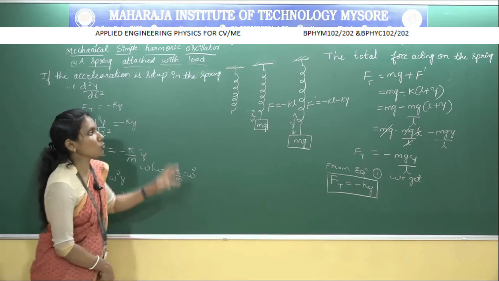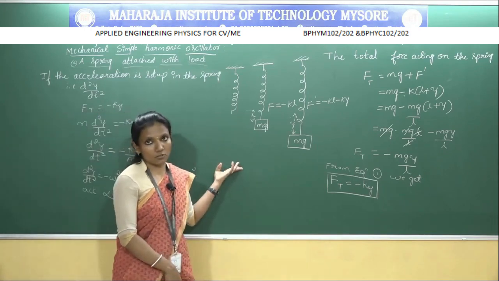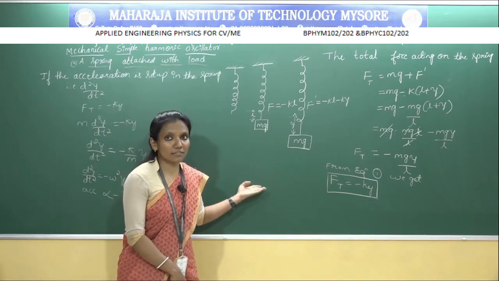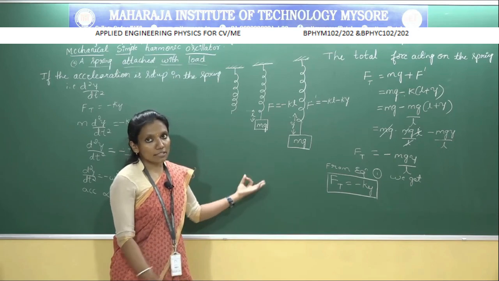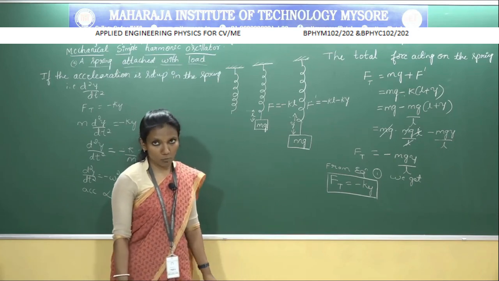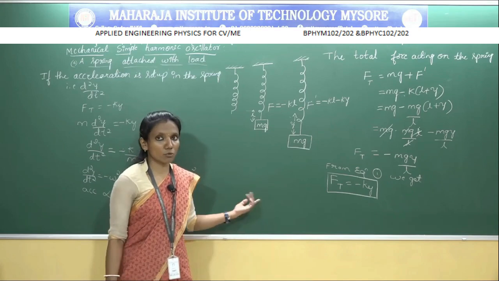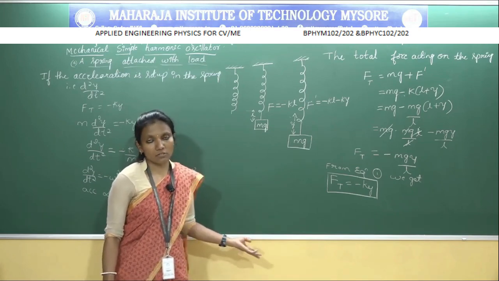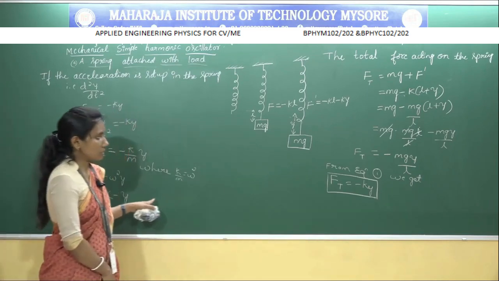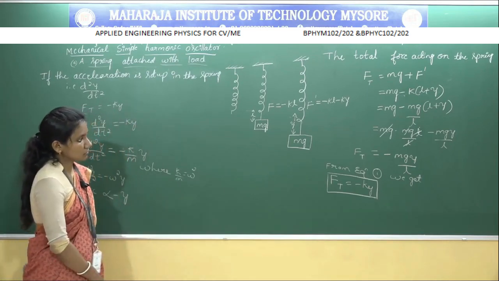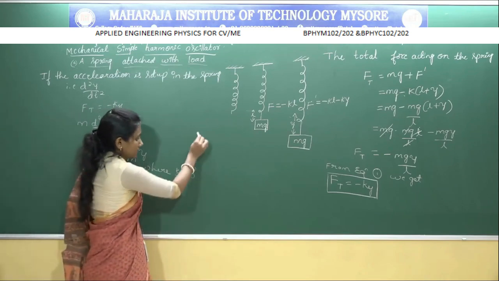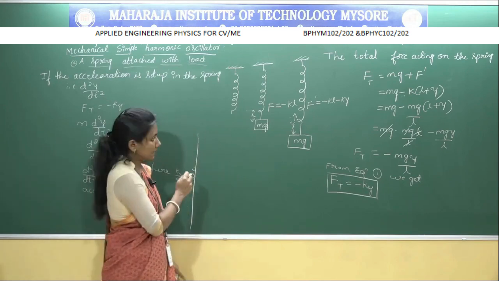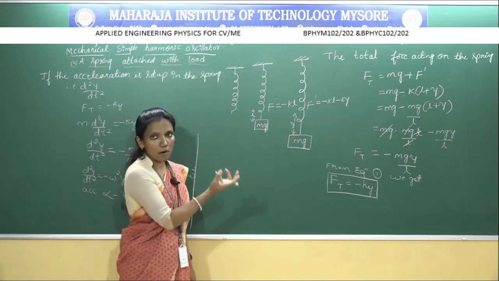Then for this same spring, what is the time period? We know the time period formula for a simple harmonic oscillator, which we studied in the last class. That is T is equal to 2 pi by omega, or 2 pi root of displacement by acceleration. Now we have to find the time period formula for this spring, the simple harmonic oscillator attached with the mass m.